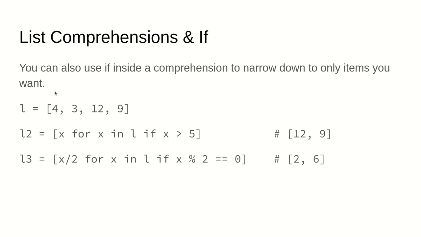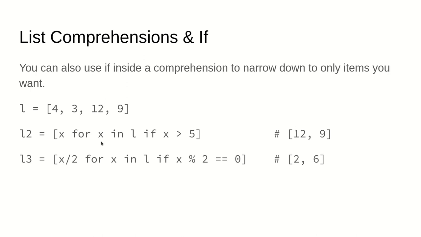Then x becomes 3. I see that 3 is not an even number, and so I ignore it. I throw it out. It doesn't do anything in my result list. x becomes 12. I see that 12 is an even number, and so I keep it, and I do 12 divided by 2. And that's why 6 is the second item in my resulting list.